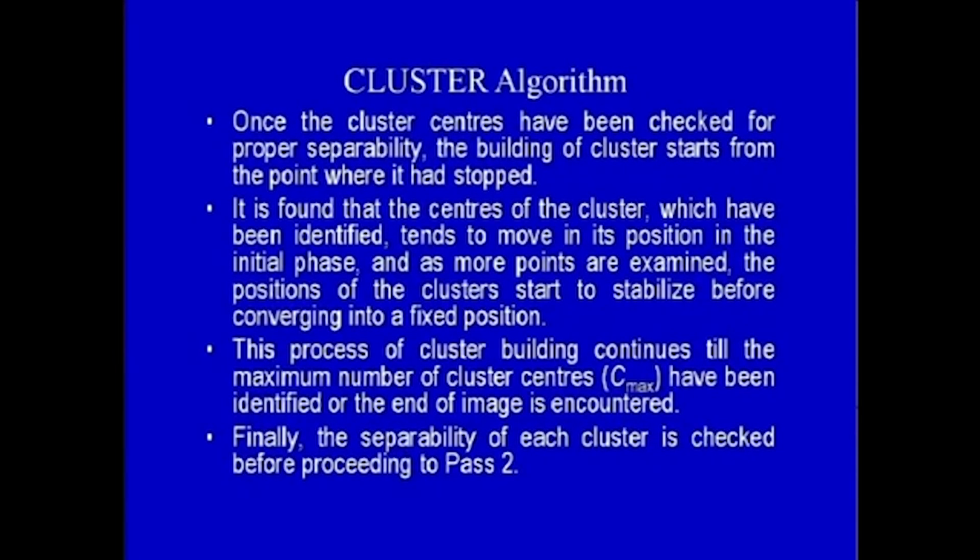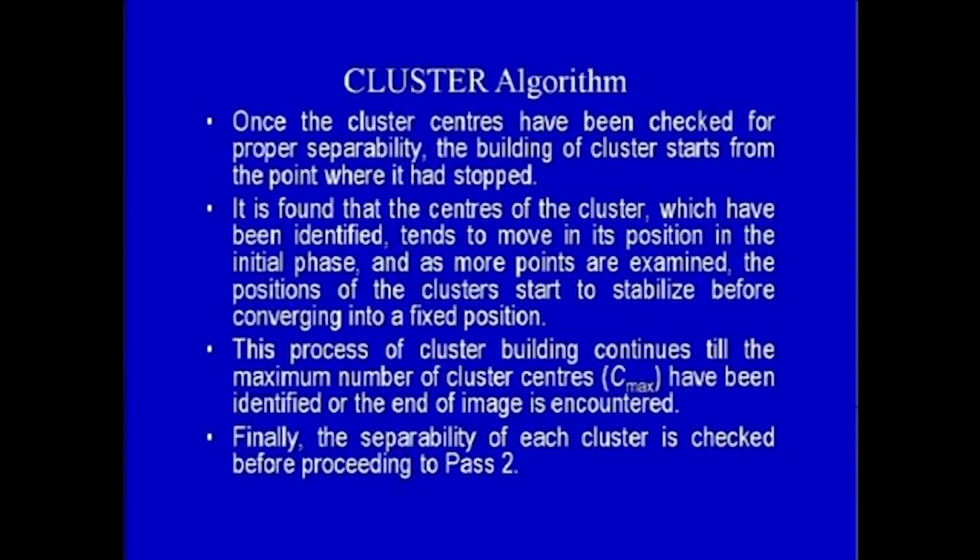Once the cluster centers have been checked for proper separability, the building up of clusters starts from the point where it had stopped. It is found that the centers of these clusters which have been identified tend to move in their position in the initial phase, and as more points are examined, the positions of the clusters start to stabilize before converging into a fixed position.